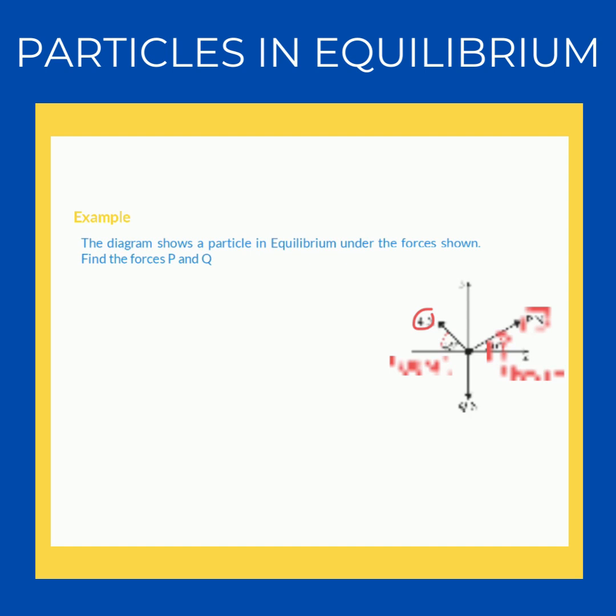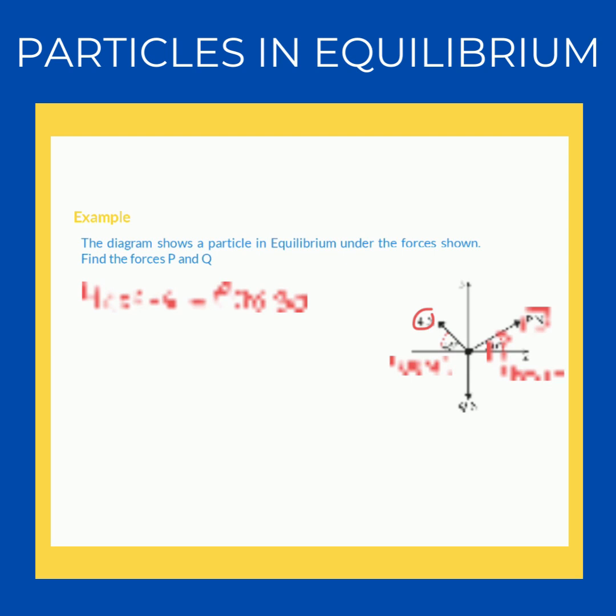So in this case, we need to equate these two forces together because the particle is at rest. So 4 cosine 45 is equal to P cosine 30. Again, why did I equate these two forces together? Because the particle is in equilibrium.